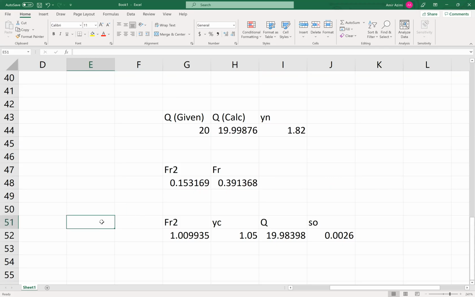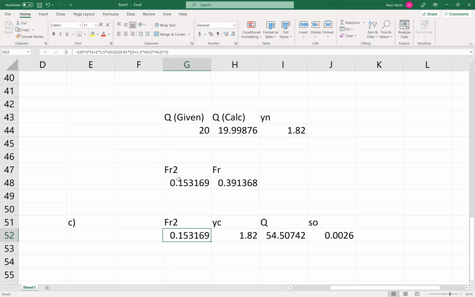And part C of the problem asks to calculate critical depth. We know that the critical depth occurs when the Froude number is equal to 1. Here, if I put the value of normal depth, it gives me the value of the Froude number.